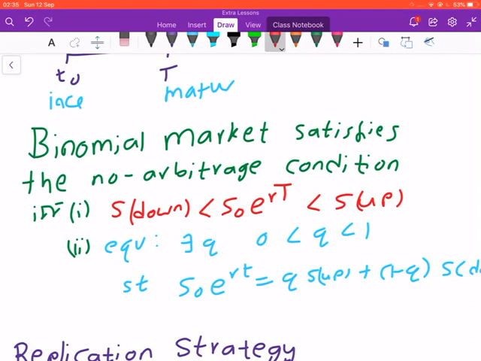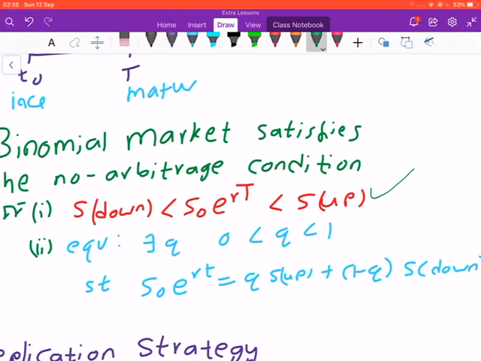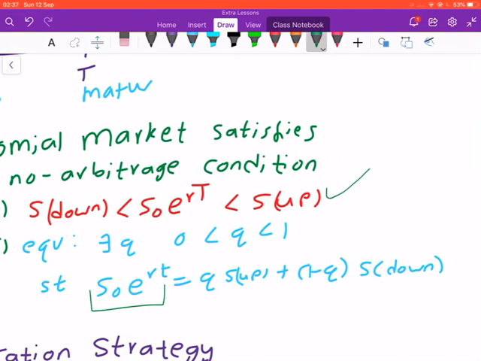Equivalently, if this market satisfies the no-arbitrage condition, having fulfilled condition number one, we also say that there exists a number q which is between 0 and 1, such that the value of the share at inception compounded to maturity is equal to q times S up plus 1 minus q times S down.